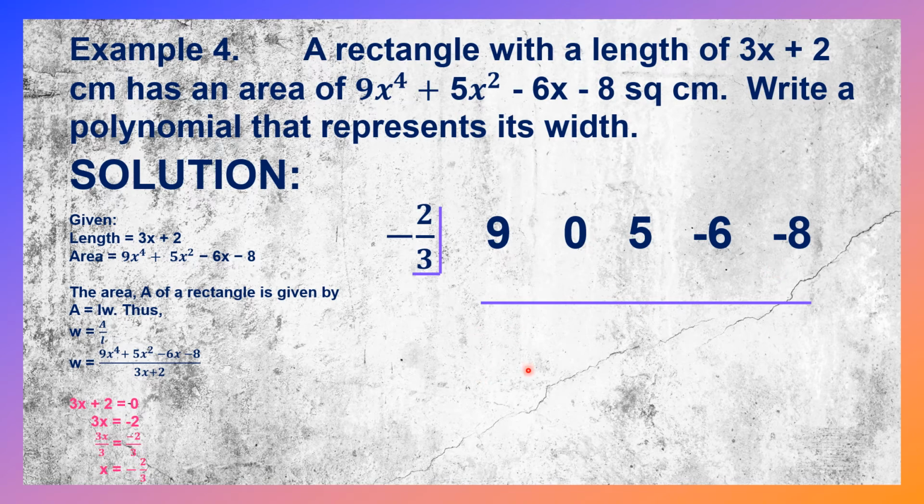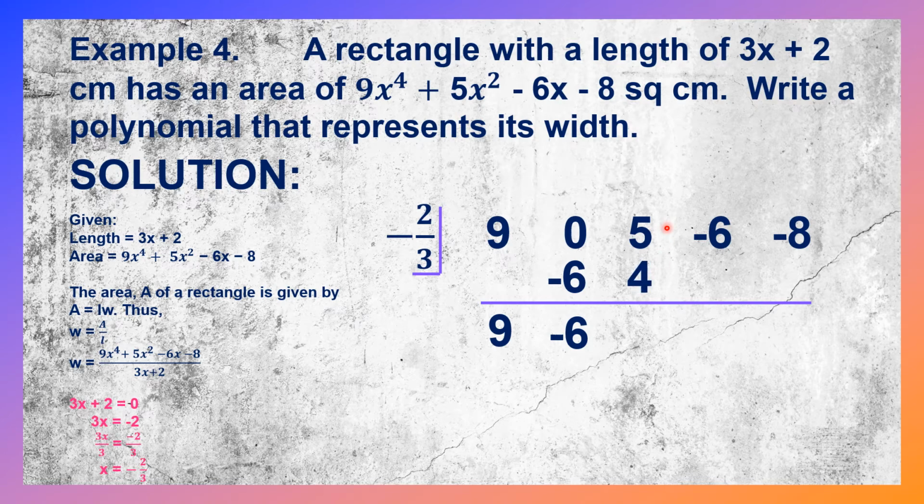Our first step is to bring down the first numerical coefficient, which is 9. Then, multiplying negative 2/3 times 9 is equal to negative 6. Add 0 plus negative 6 is still negative 6, because adding 0 to any number, the answer is the number itself. Then negative 6 times negative 2/3 is equal to positive 4.